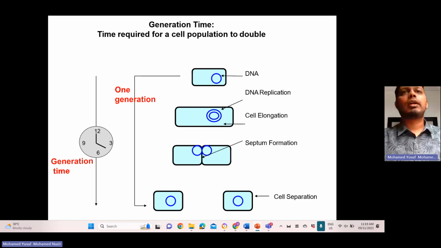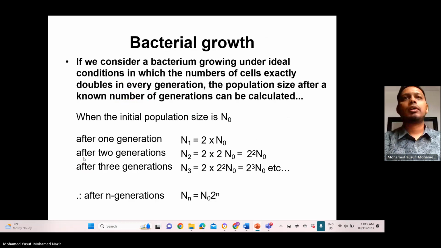This is an example of generation time, where the time required for a cell to double. So this is an example of one generation, where one cell divided into two daughter cells, and the time taken for one generation to produce is known as generation time.